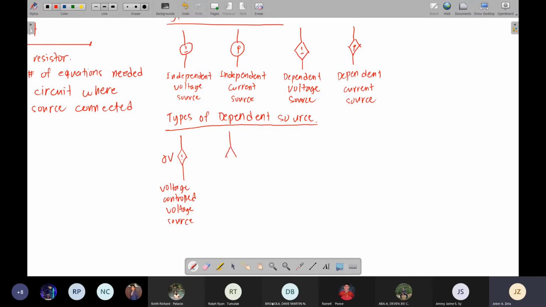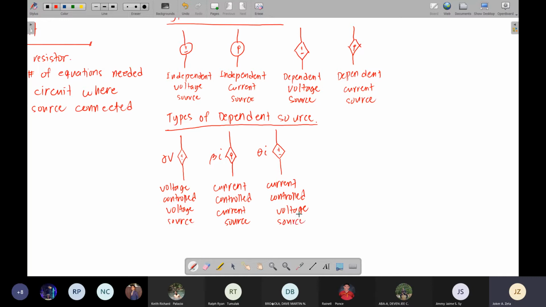Then you also have another dependent source with a current, let's say beta I. This is a current controlled current source. Then you also have another dependent source which is still a voltage source, but let's say theta I. This time it is a current controlled voltage source.